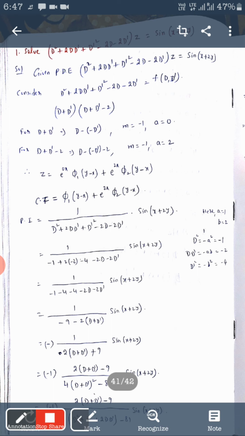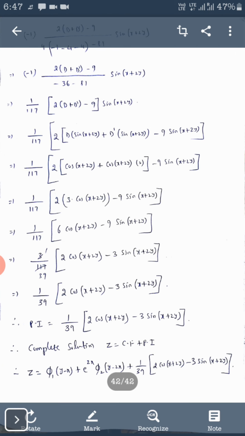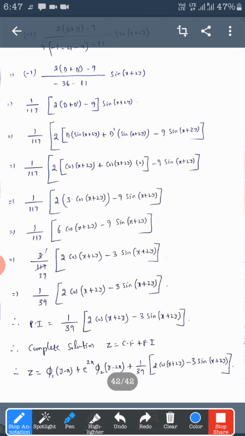After conjugating, we get this form: 1 by 117 into 2 into D plus D dash minus 9 to sine of x plus y.